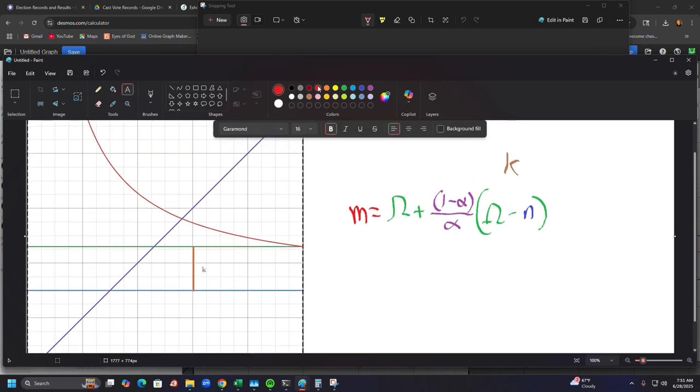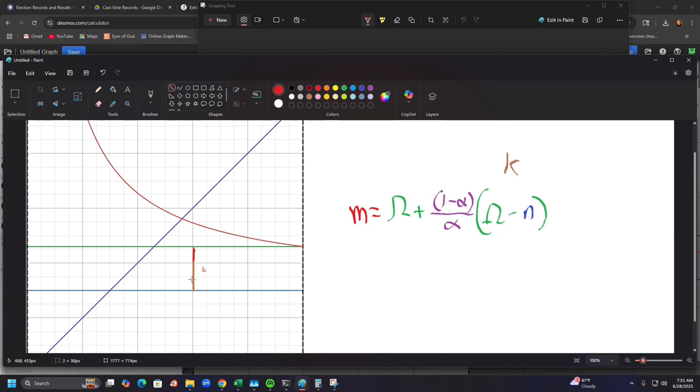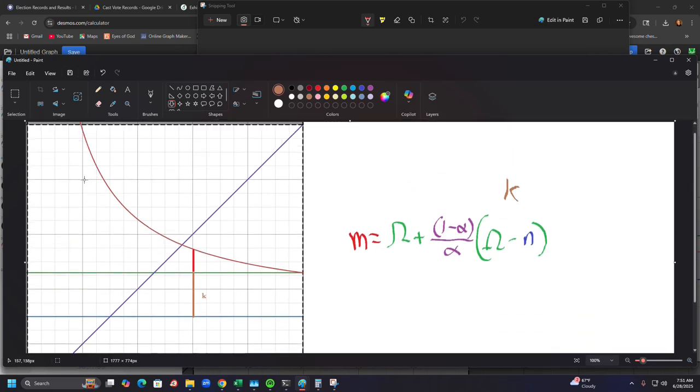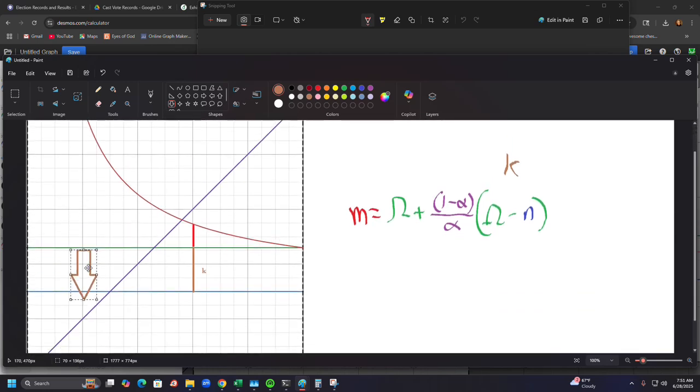Well, then m is the reflection of k over green scaled by the Biden to Trump ratio. Okay. So now showing you that again, let's go out here. This is k. It's the same length.